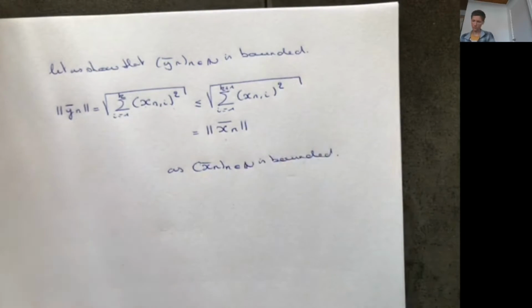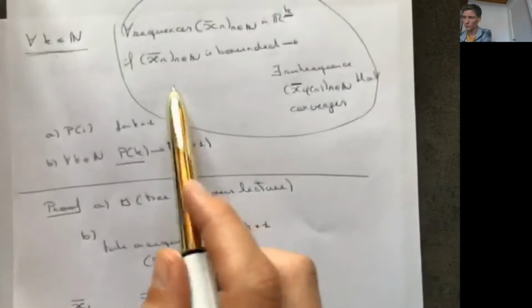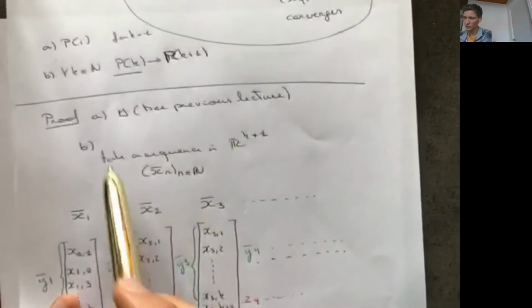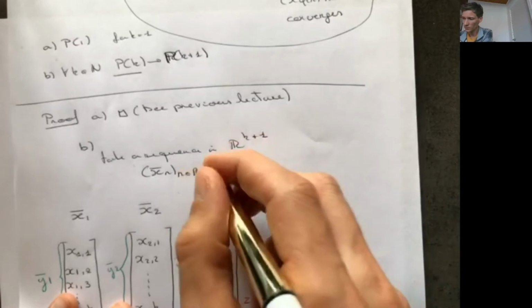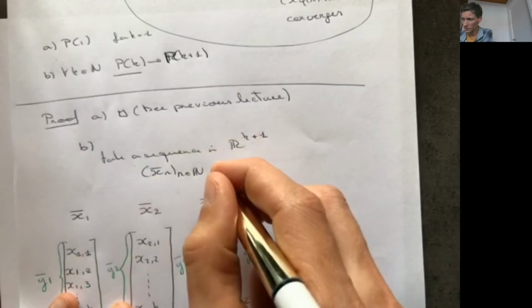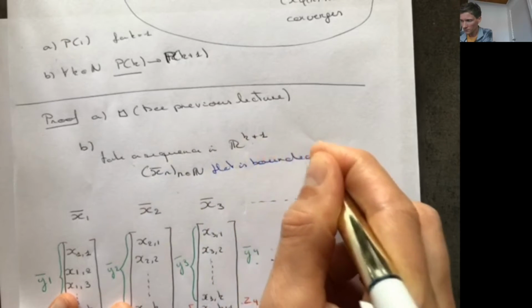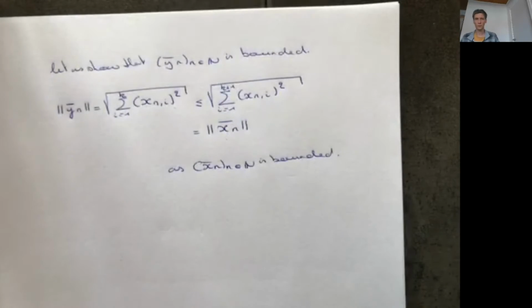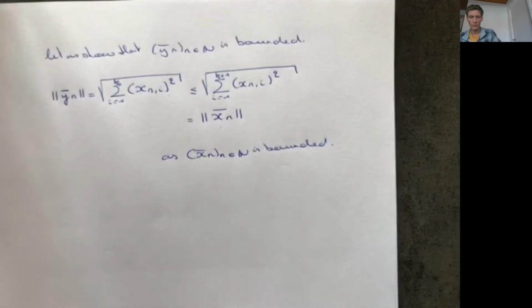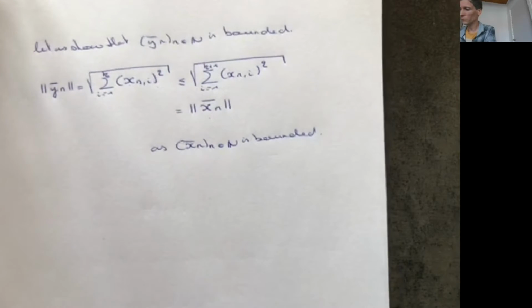I forgot to say: we take a sequence xn that is bounded, and we have to show that it has a convergent subsequence.